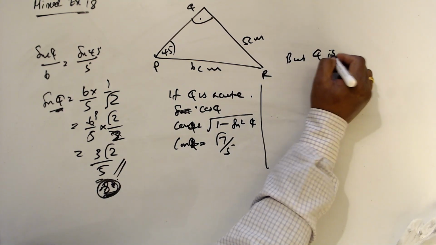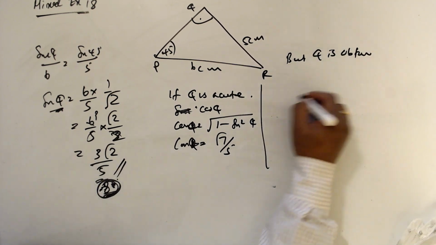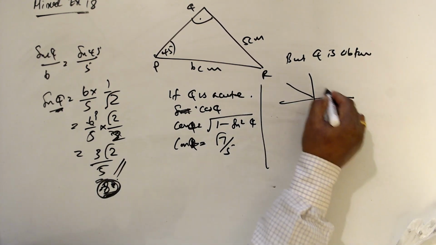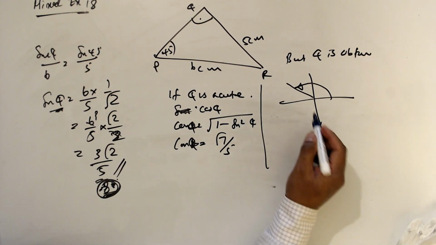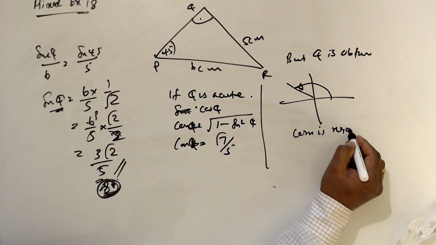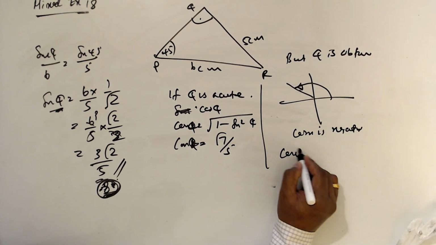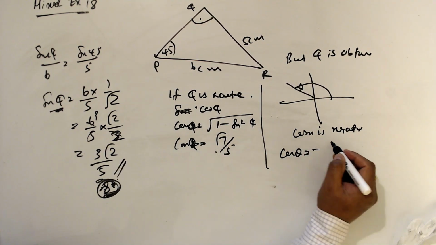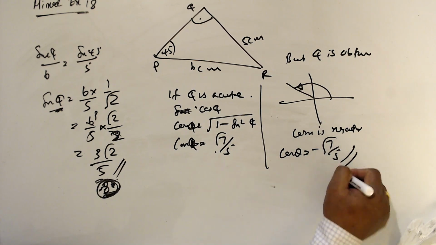But q is obtuse. Then the angle is in the second quadrant. In the second quadrant, cos is negative. Hence cos q equals minus this value.